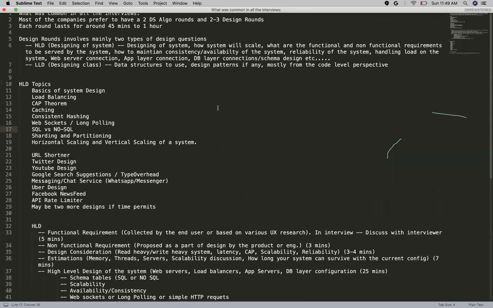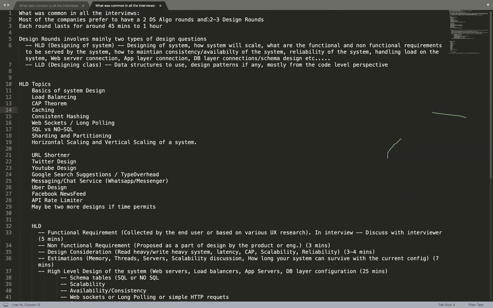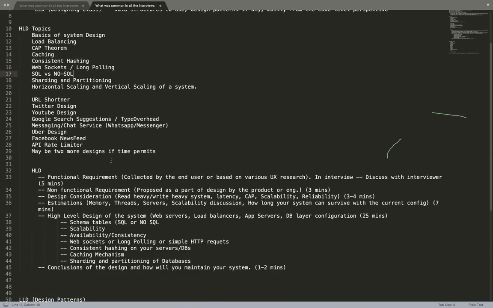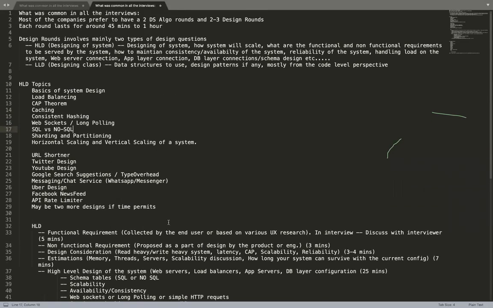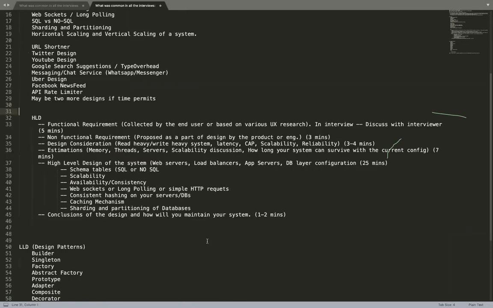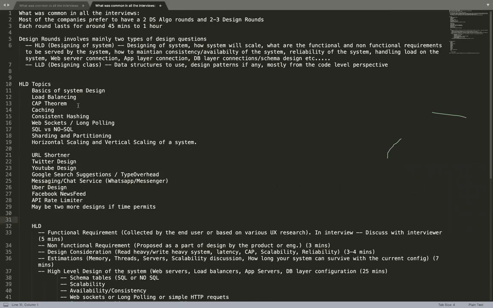If you touch upon the basics of distributed systems and the nitty-gritties, that would be good, like how do we maintain consistency in the distributed world. That is very important, because otherwise you won't be able to understand. So all those things will be covered.